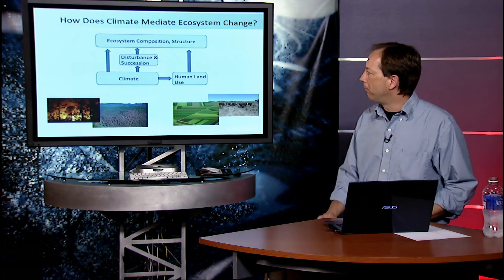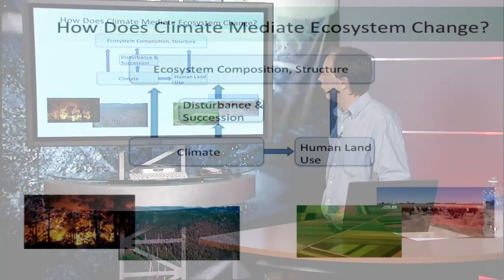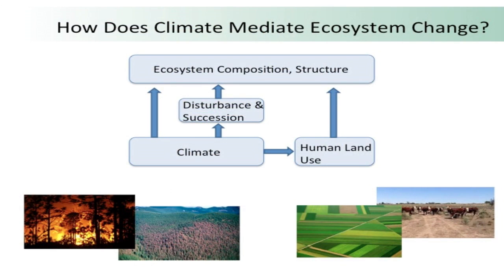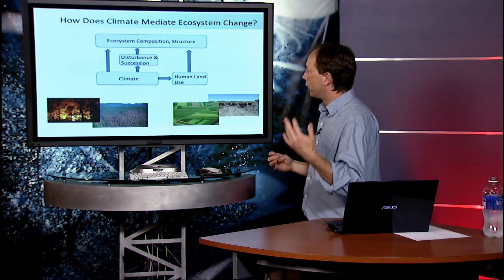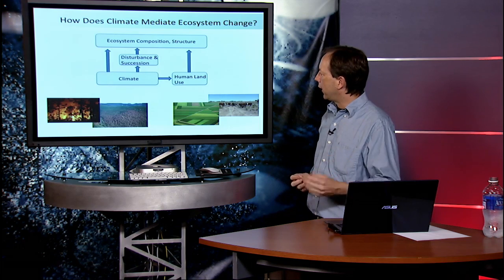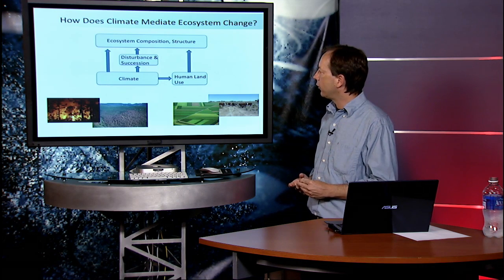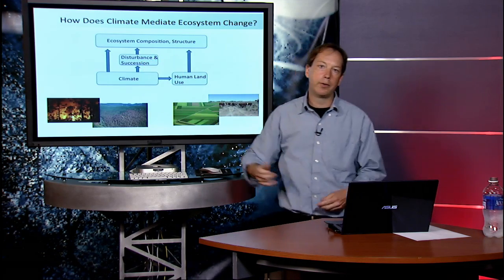So this brings up a question, which is how does climate mediate ecosystem change? So far we've been looking at this left-hand part of the box, where we've just been assuming that climate impacts vegetation directly, whether it's through productivity or nutrient availability or something like that. But in addition, or maybe even more important, is the question of disturbance and succession as a process.